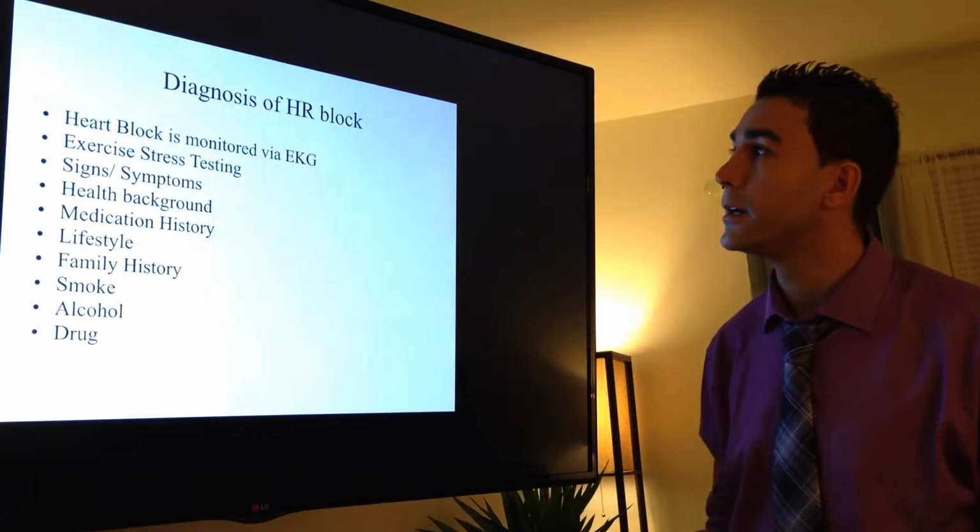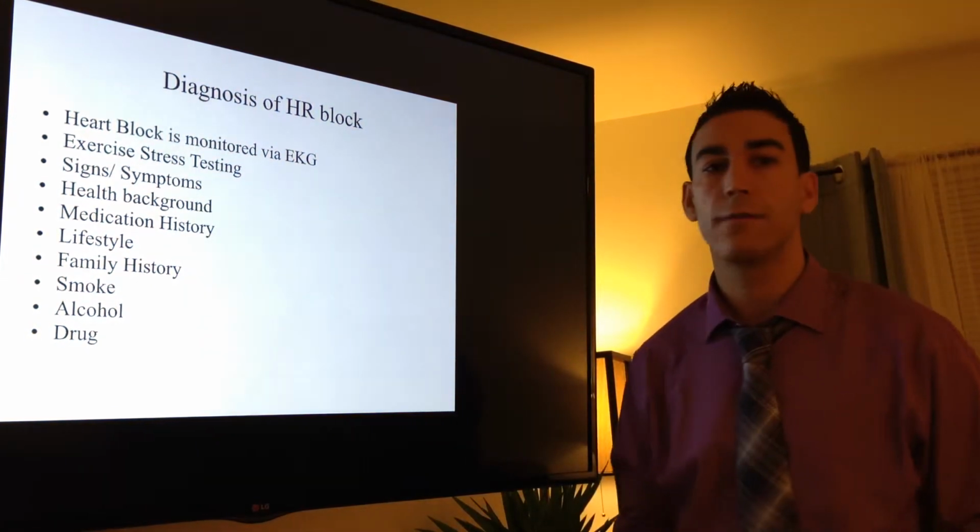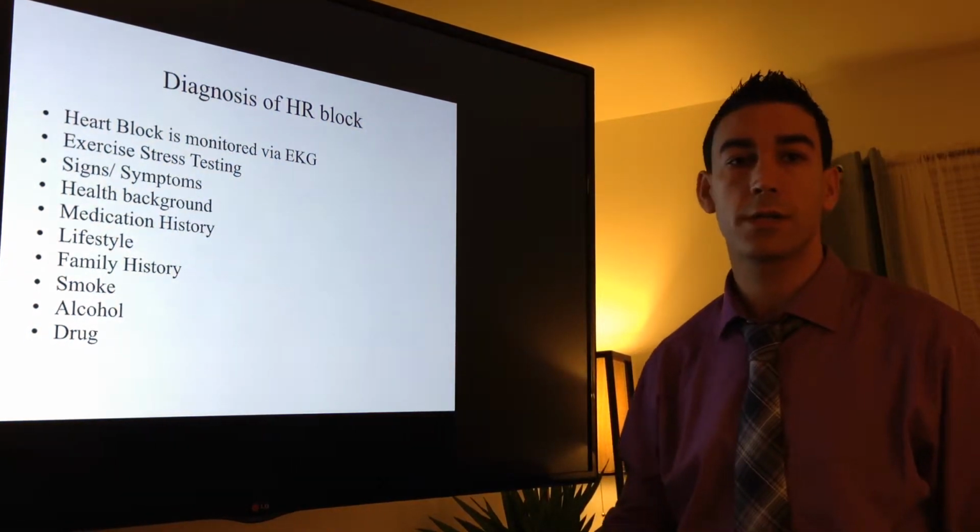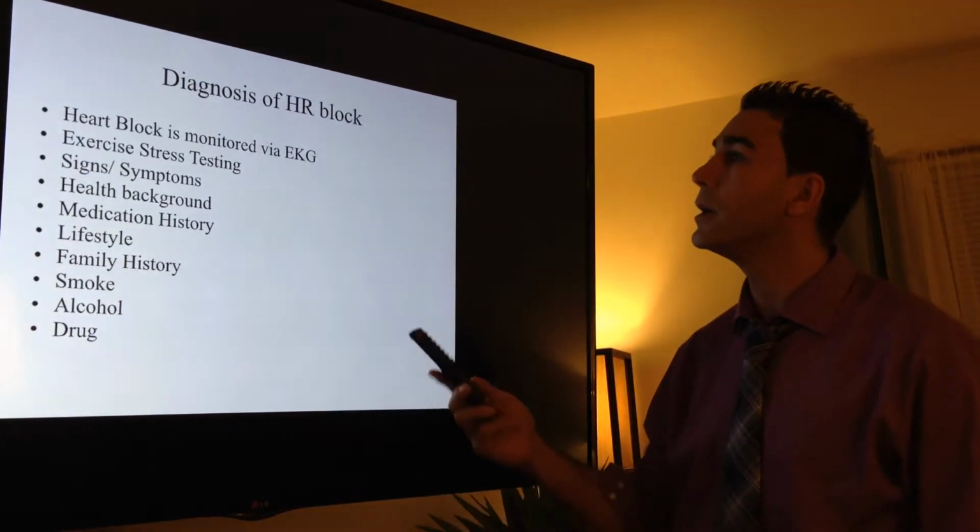And if you see any of these signs and symptoms, what you want to do is you want to call 911 right away. Of course it follows with proper instructions of CPR or defibrillator.